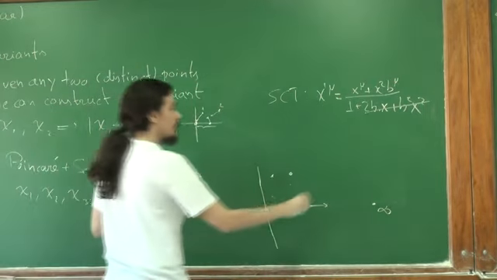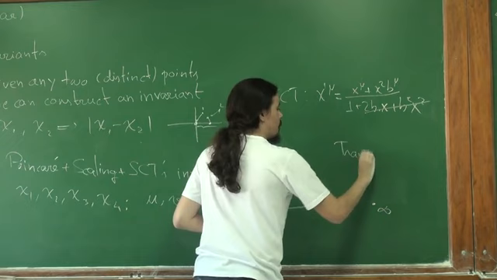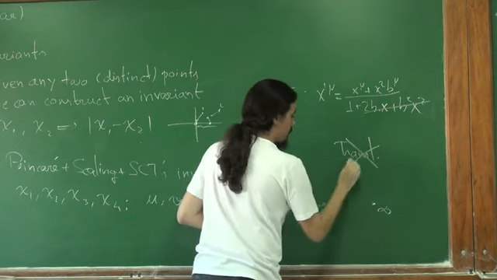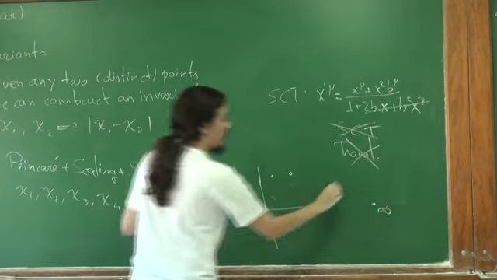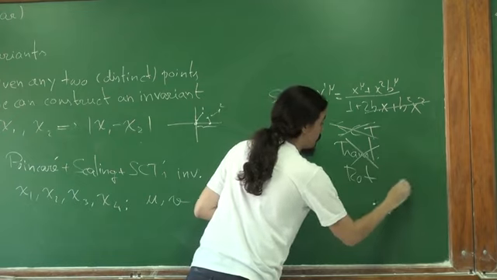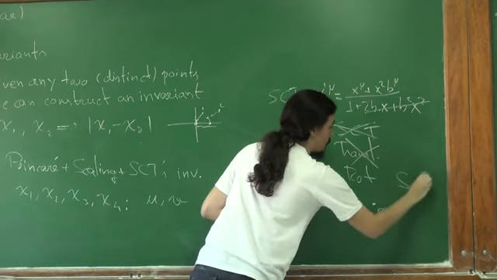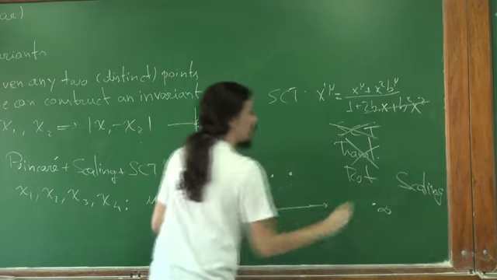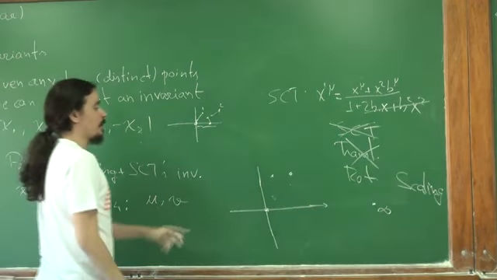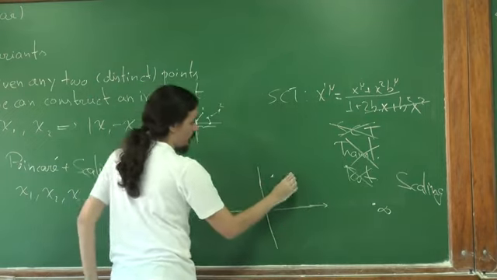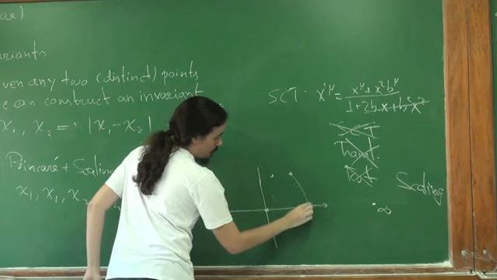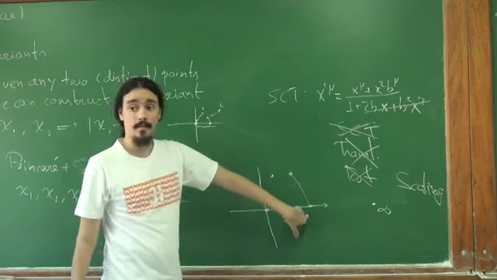I used translation, and I used SCT. I still have rotation and scaling. So I'll just use rotation now to bring any one of these points to this axis.